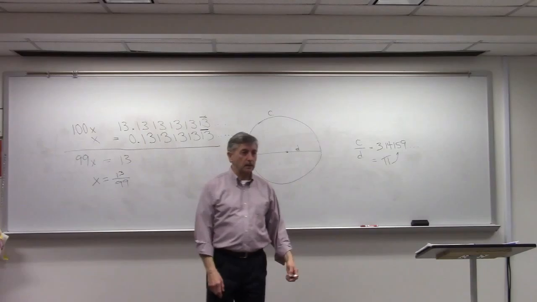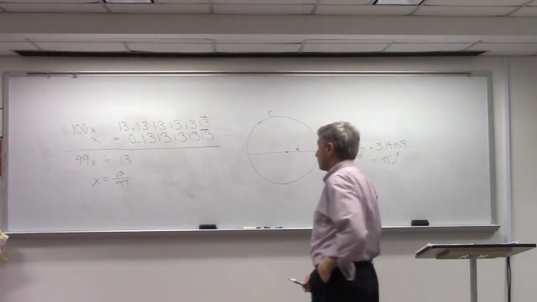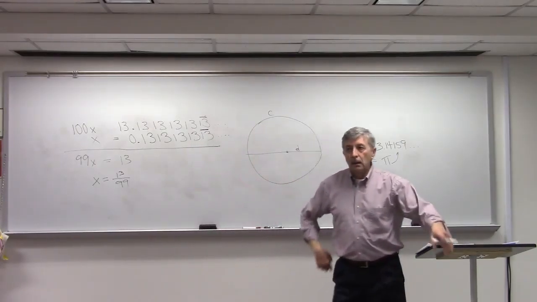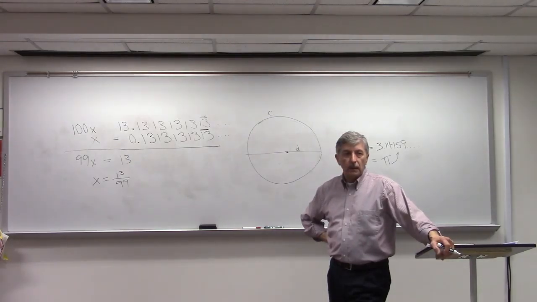Punch that into your calculators and see what you get for the decimal. 13 over 99. 0.131313, right? If it's another decimal at the end of the calculator, it's just a rounding error.